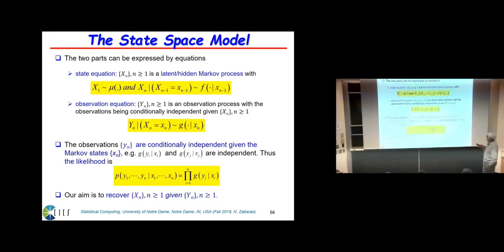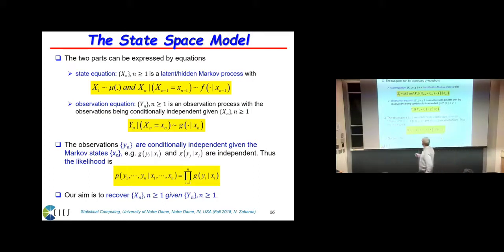First, the prior model looks exactly as before. So we sample x1 from some distribution mu. We have a dynamical model for the hidden states, exactly the same as before. But now we also have an observation equation.